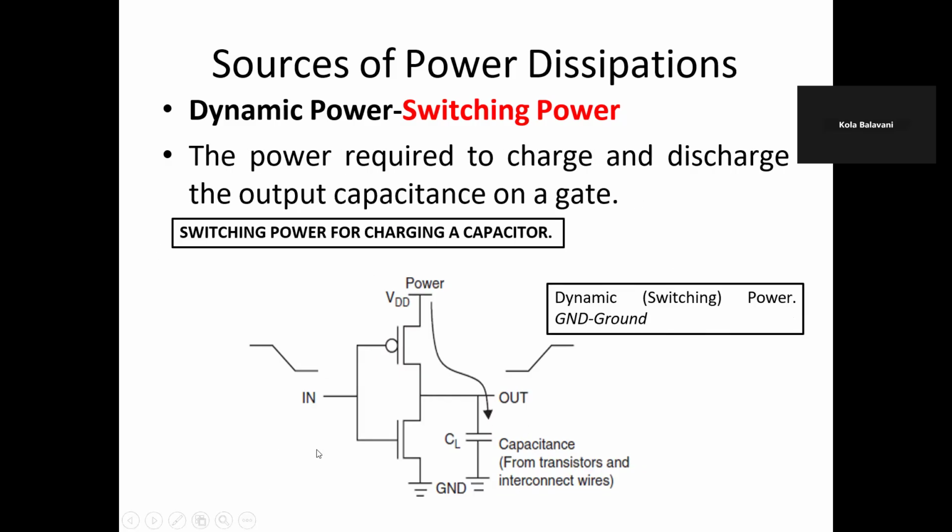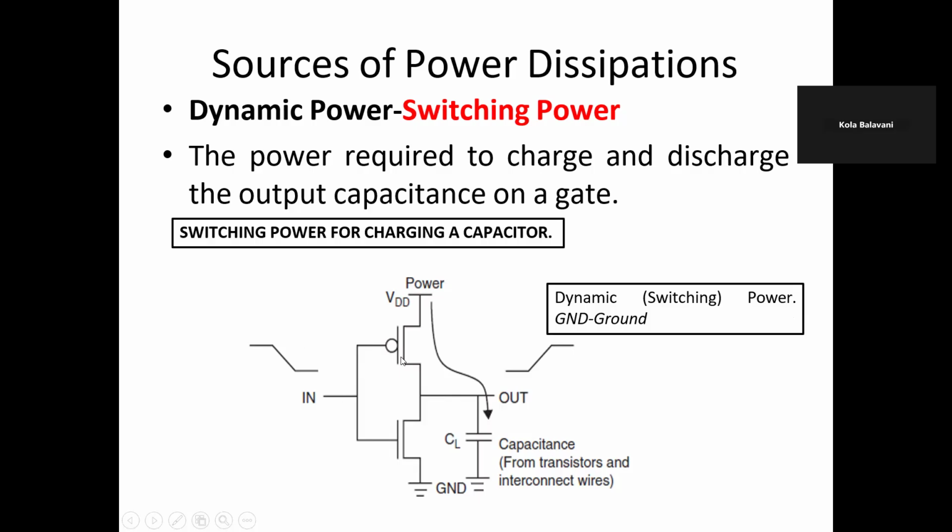Consider this circuit setup, the basic CMOS inverter. Consider this is the pull up transistor and this is the pull down. Generally we use a PMOS as the pull up transistor and an NMOS as the pull down. If you apply the input signal, it may be either logic 0 or logic 1. If you give the input as logic 0, the PMOS goes to the on condition and the NMOS goes to the off state.